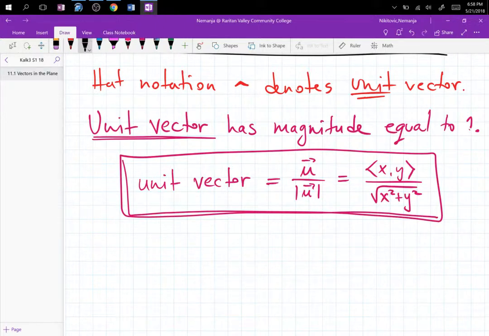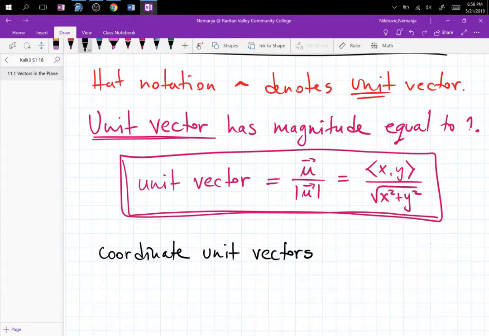The first two unit vectors that you learn are principal unit vectors for 2D space. And those two coordinate unit vectors are i with a hat, which is given as 1, 0, and j with a hat, which is 0, 1.